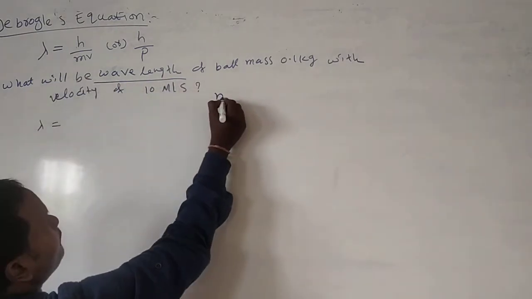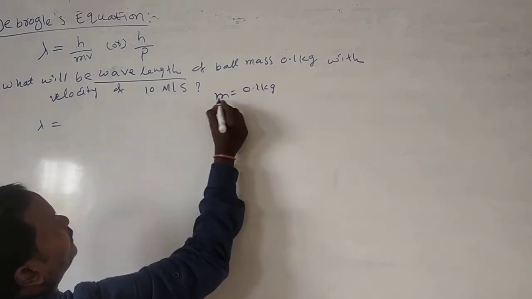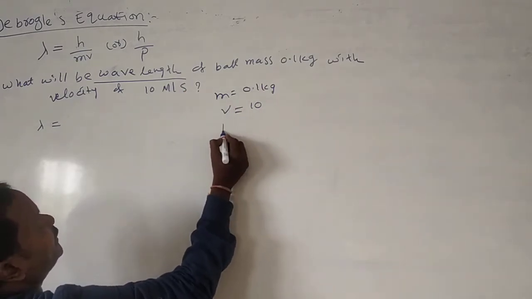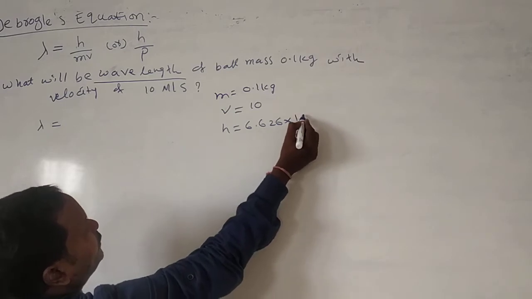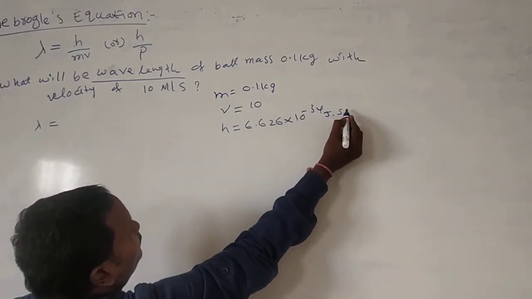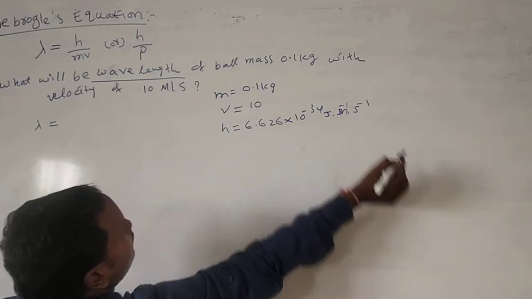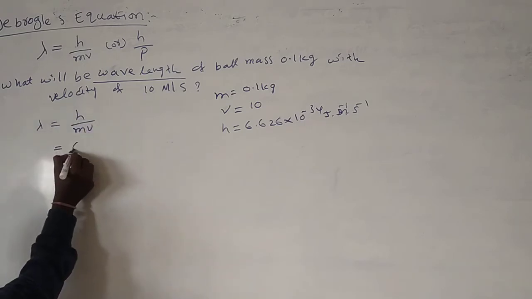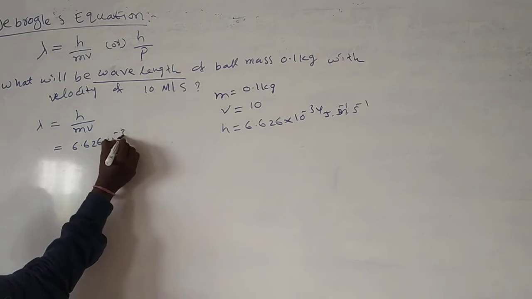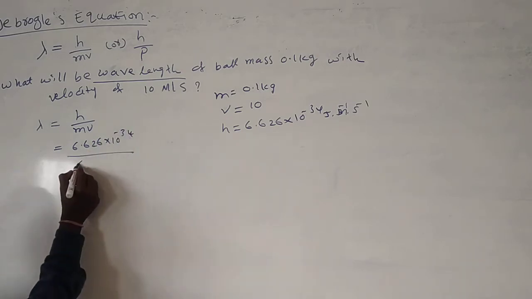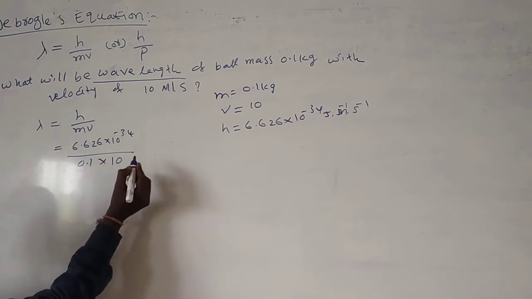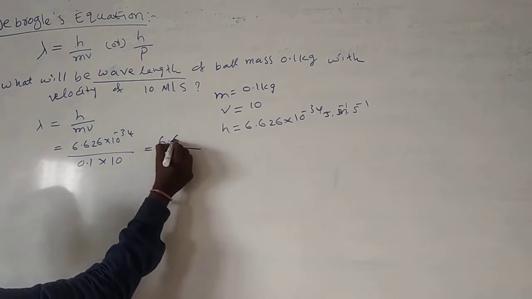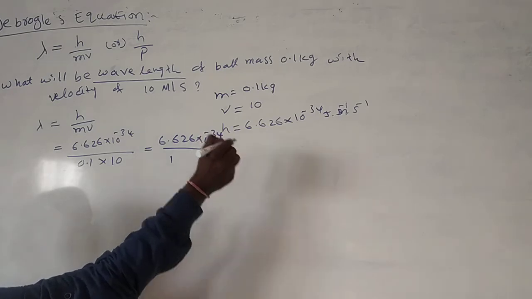What is m? m is equal to 0.1 kg, and v is equal to 10. h is equal to 6.626 into 10 to the minus 34 joule second. Lambda is h by mv, which is 6.626 into 10 to the power of minus 34 by m into v, 0.1 into 10. 0.1 into 10 is equal to 1.